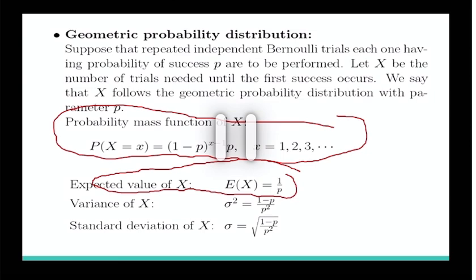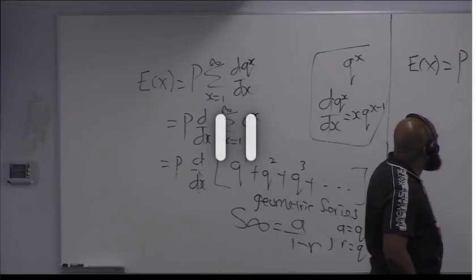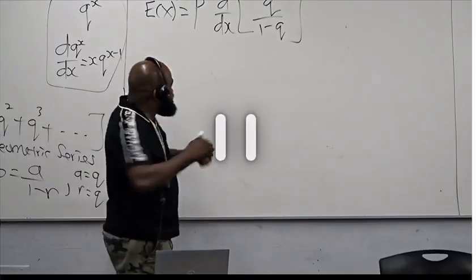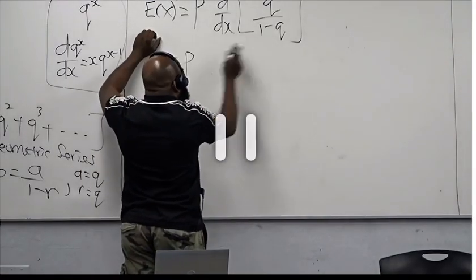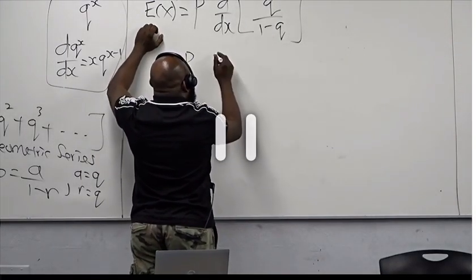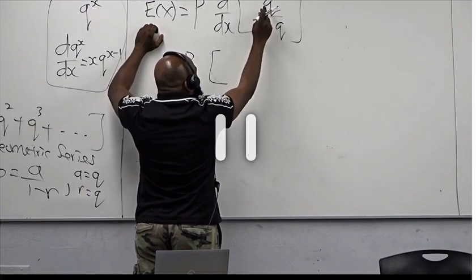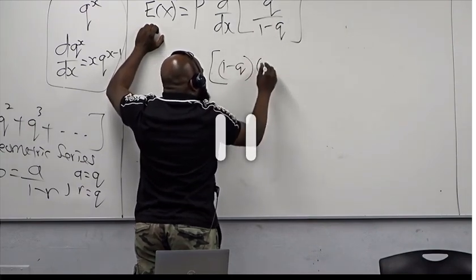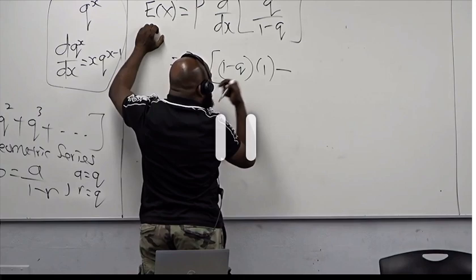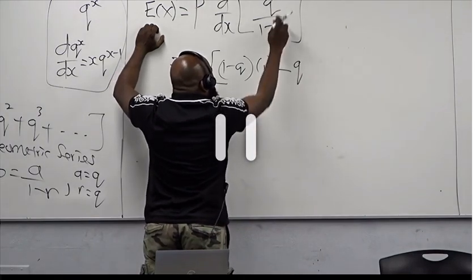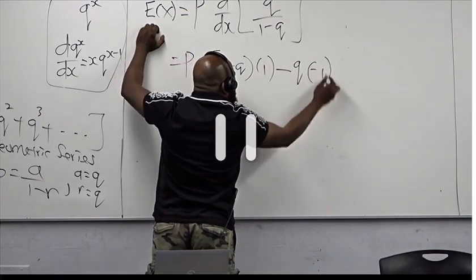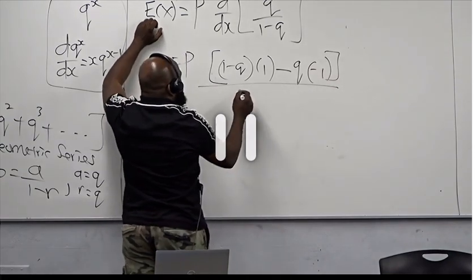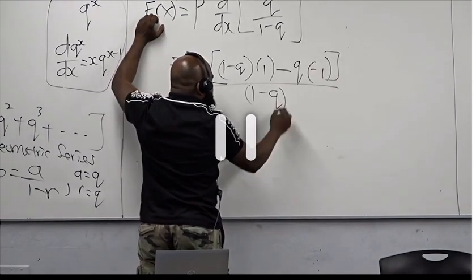In differentiating this, I'm going to use the quotient rule. Write this one, differentiate this one, minus, write this one, then differentiate this one, divided by 1 minus Q all squared.